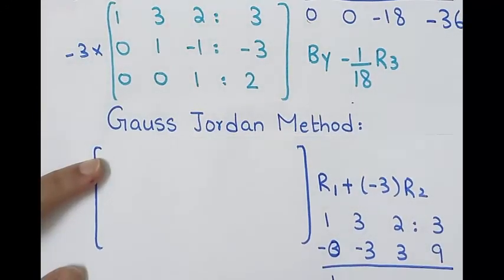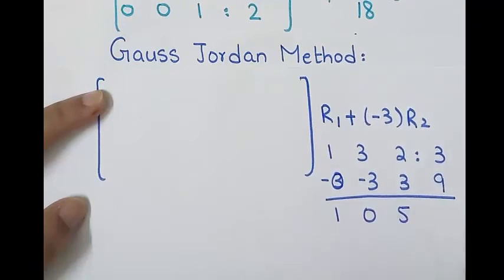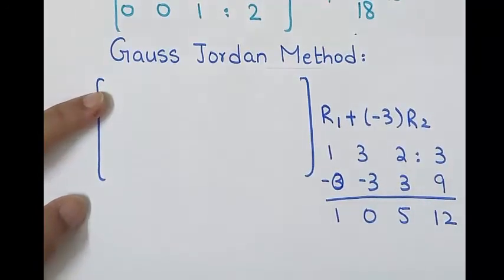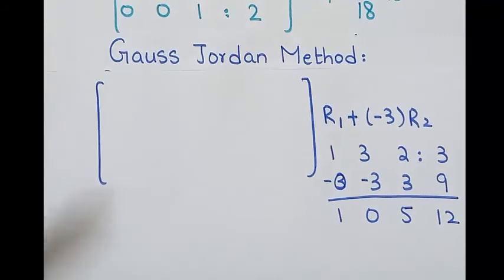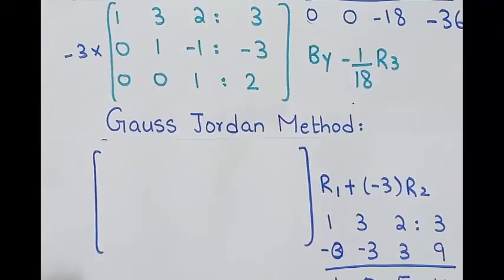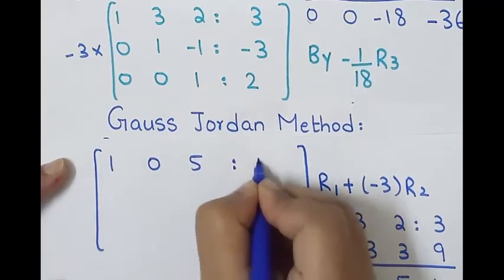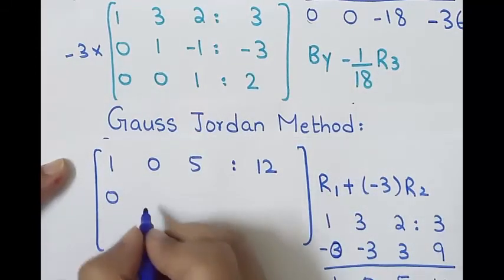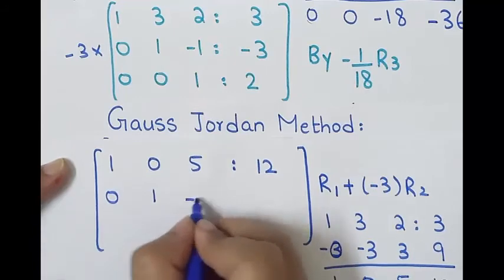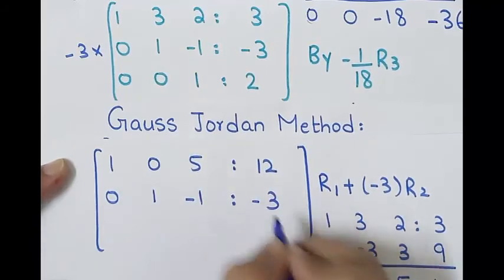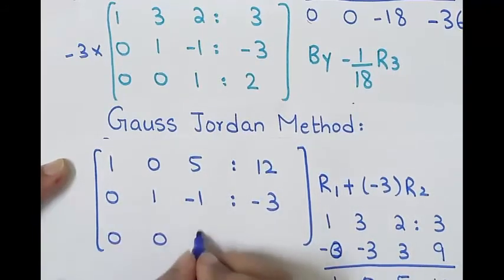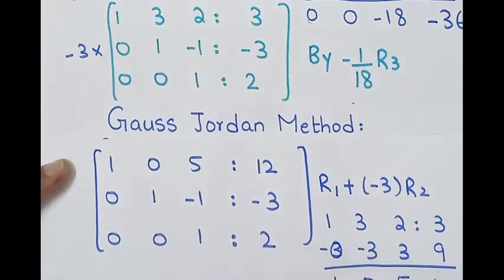So we have 1, 0, 5, 12. The other two rows are 0, 1, minus 1, minus 3, and 0, 0, 1 and this is 2.